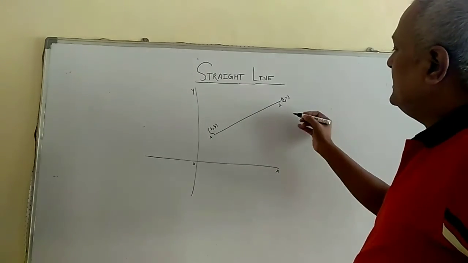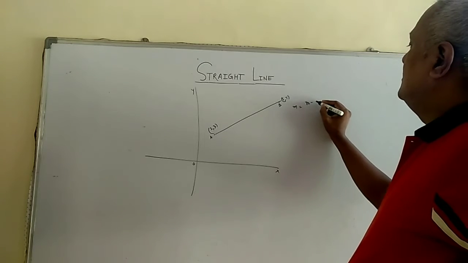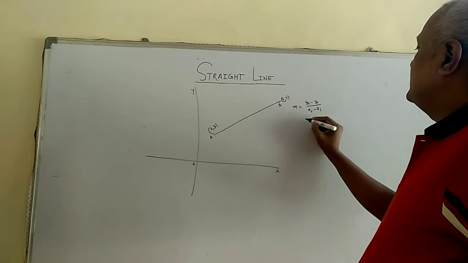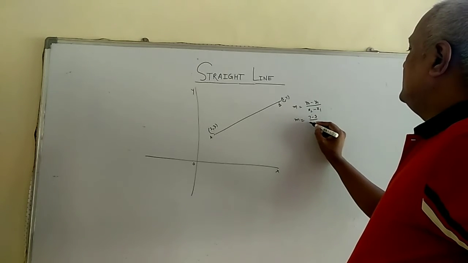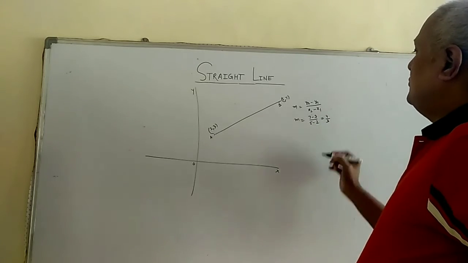Then first I find the slope. m is y2 minus y1 over x2 minus x1. So m is 7 minus 3 over 5 minus 2, that is 4 upon 3.